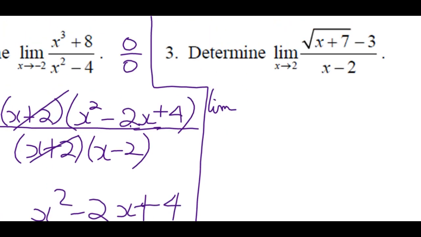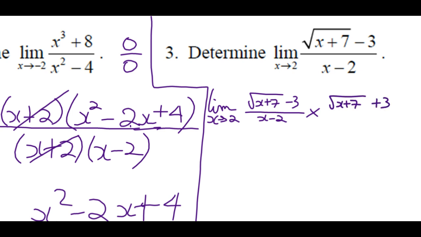There we go. Okay, so the limit as x approaches 2, we've got the root of x plus 7 minus 3 over x minus 2. We're going to multiply that by what? Root x plus 7 plus 3 over root x plus 7 plus 3.